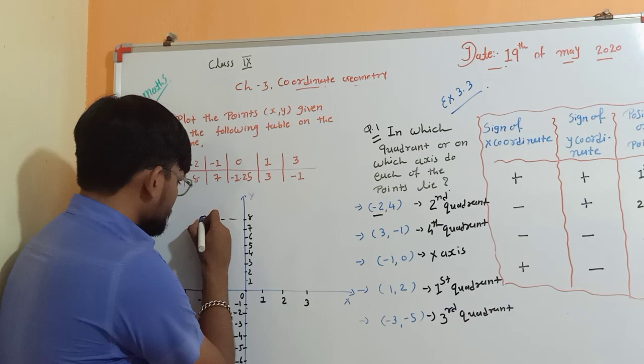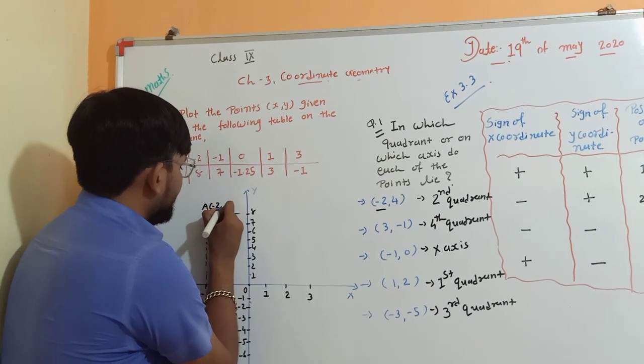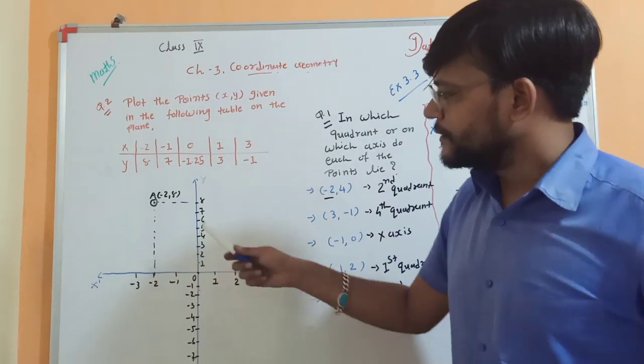Like this. I'll give it a name, point A, having x coordinate -2 and y coordinate 8, right?